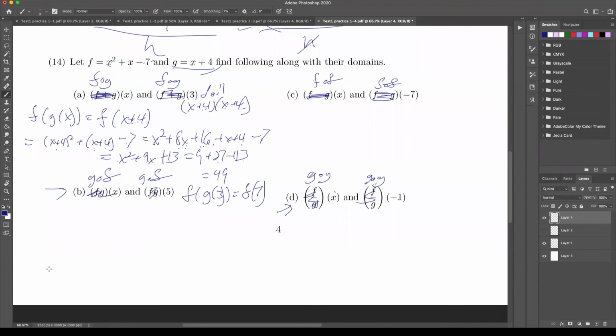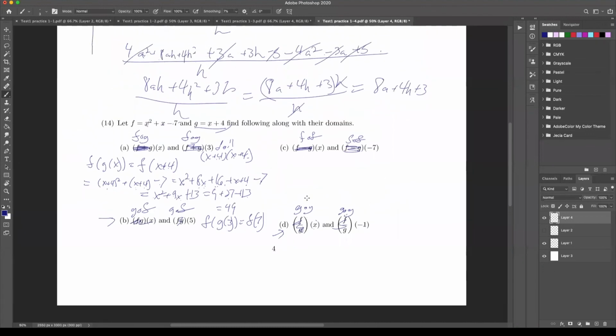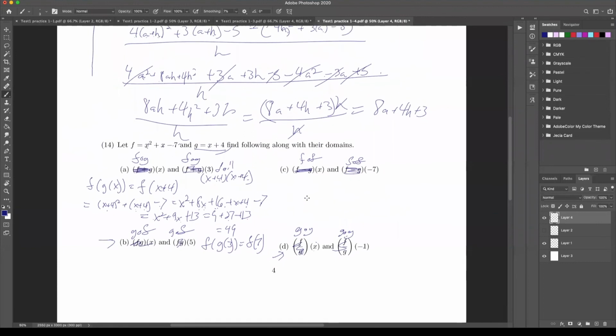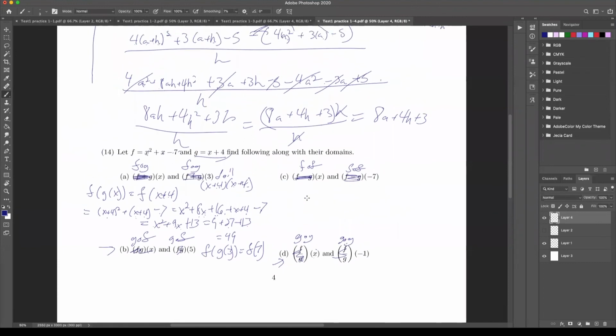Let me zoom out. Some people want to look at this for a second. This f of f of x will actually become too complicated for now. We'll skip this, so just write skip.